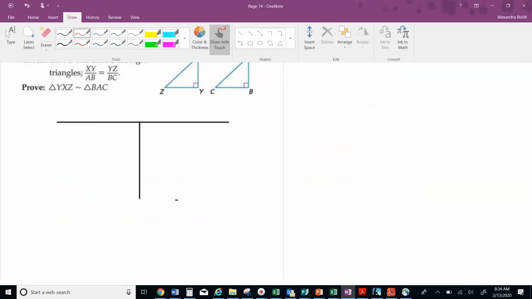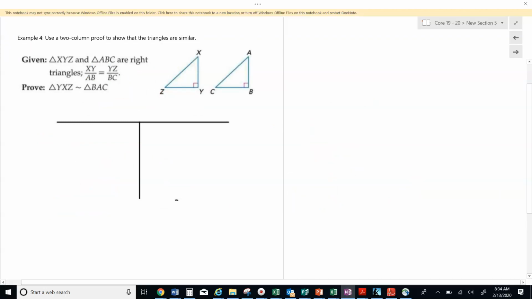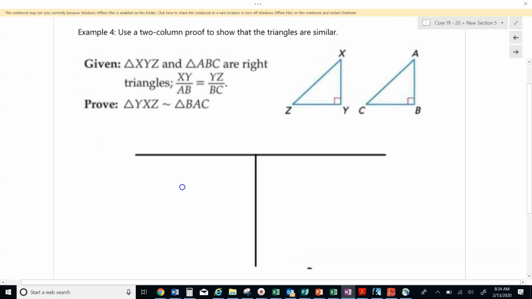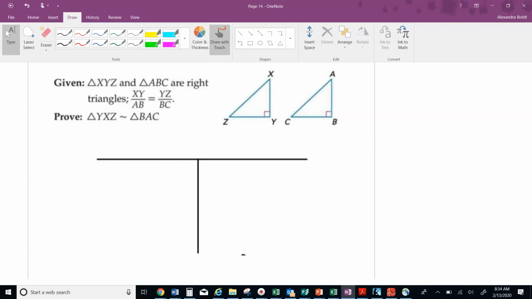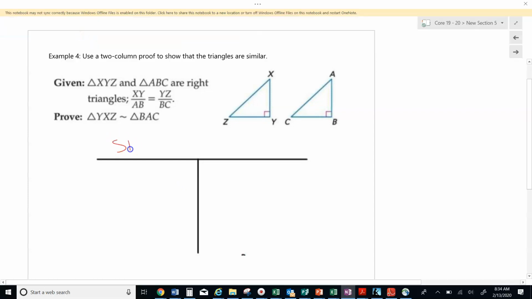Alright, one lovely proof here. So, again, we have our statements and our reasons.